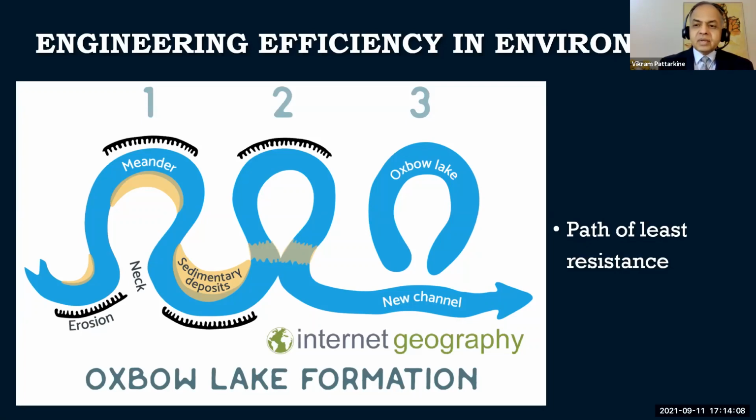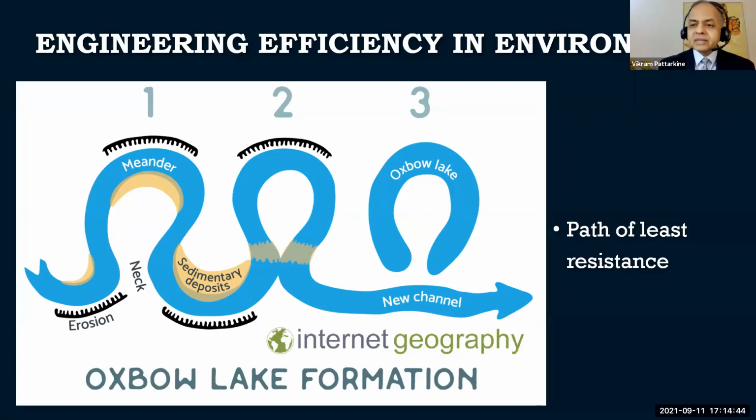As it meanders, the concave portion of the riverbed will get eroded and the convex portion of the riverbed will get silt deposits. So over time, the deposits are high enough that the river will actually cut itself off and then start flowing in a new channel when there is a flood. So that is how an Oxbow Lake gets formed, because in that channel of river, there is no more flow.